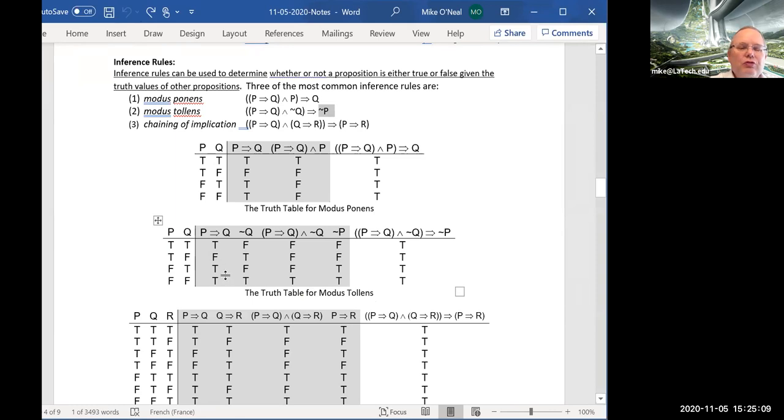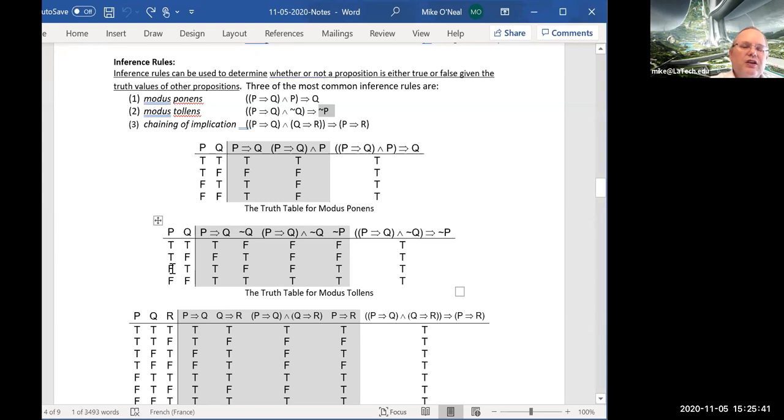The if statement is true in both of these worlds, right? So if you're swimming, then you're wet is true in both world 1 and world 3. But what we wanted to say was, what happens when the if statement is true, but the premise is false?